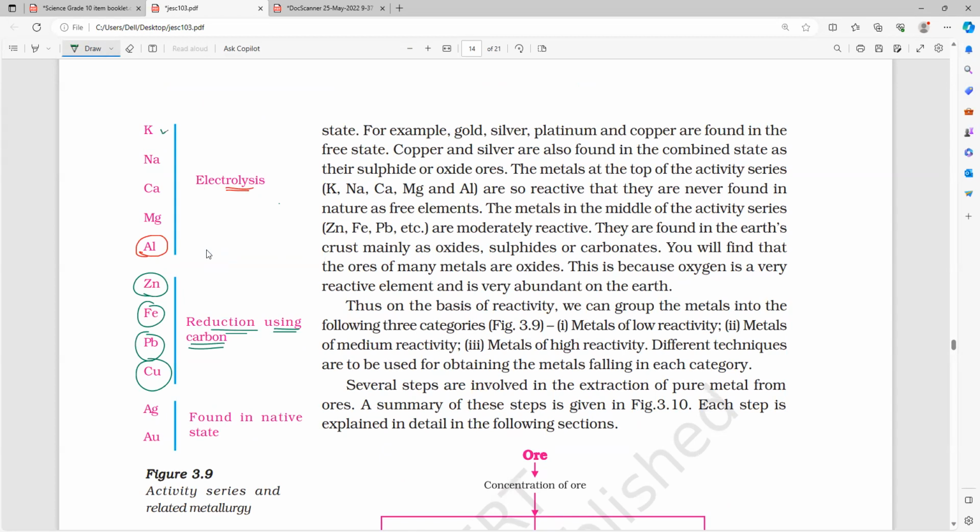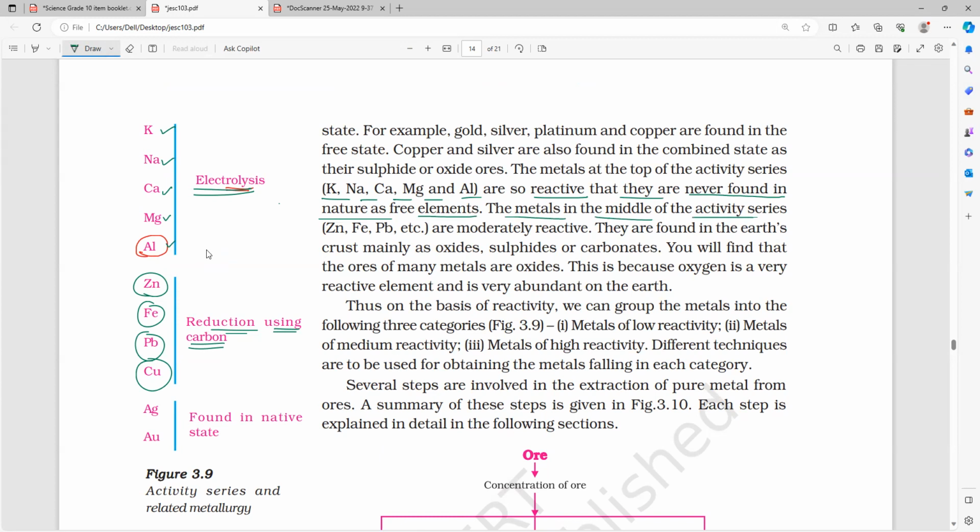But sodium, potassium, calcium, magnesium, aluminum undergo electrolysis. Here also you can see, potassium, sodium, calcium, magnesium, aluminum are so reactive, they are never found in nature as free elements.